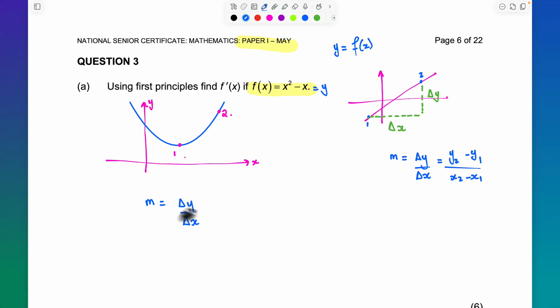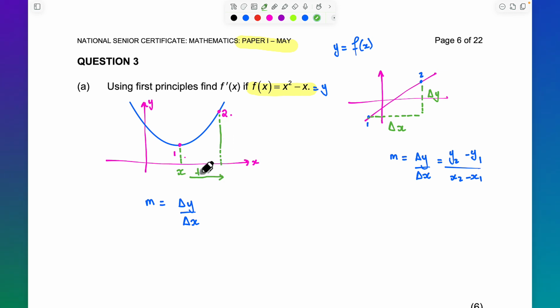So when we talk about the change in y, we can also talk about your f of x at this point and then your f of x at that point as well. So we're going to go to our graph and say, let's say this point has x value x. And then I move a certain amount to the right to get to my x value for point number 2.